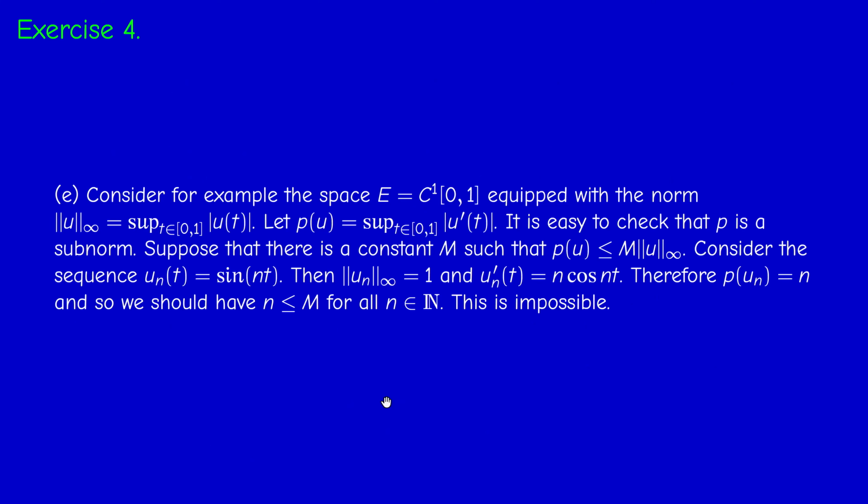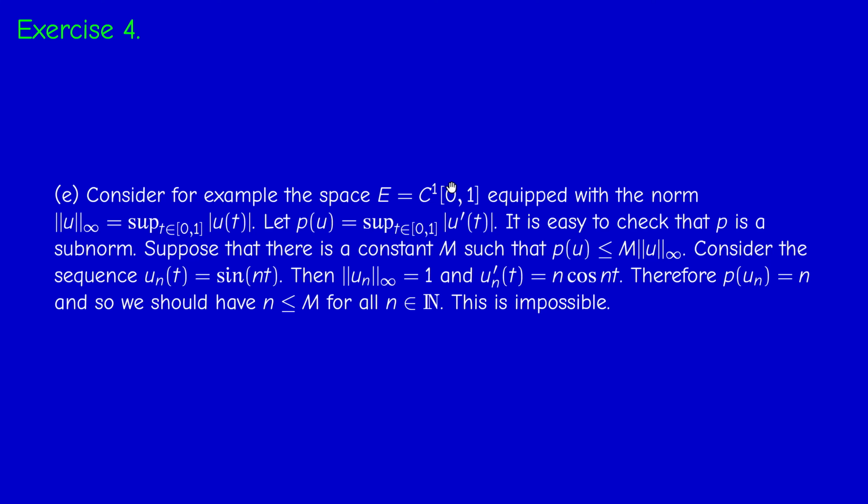Now, the last example: we have to give an example of a subnorm which is not continuous. We can take, for example, the space of continuously differentiable functions on 0, 1, and we equip it with the supremum norm. This is actually a subspace of C0, 1. Now we take P of U to be the supremum of the absolute value of U prime.